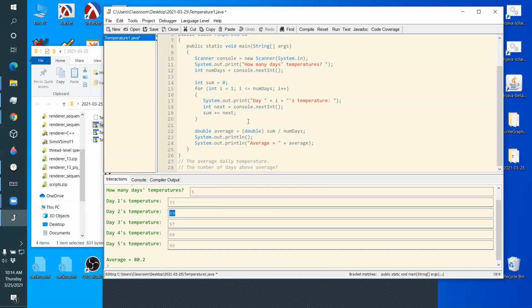Look at this code and think what it's doing step by step. It read in 77. Is there any way it can tell whether 77 is above average or below average? So it would be at average, right? Exactly, because it's just one number. But is it above average or below average?